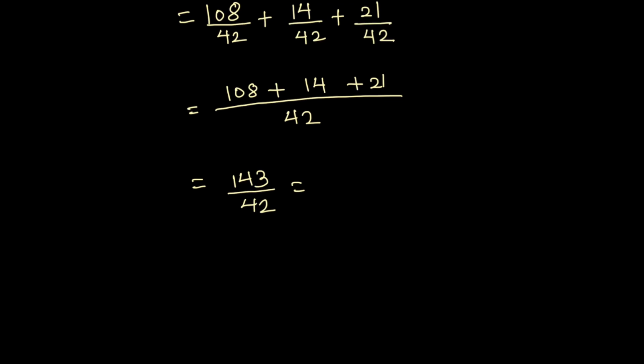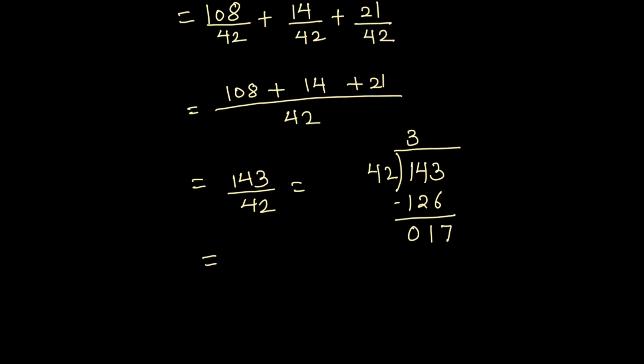Let's convert it into mixed fraction and write the answer in mixed fraction too. So dividing 143 by 42. This is 42 times 3 will be 126. 143 minus 126 is 17. And this is 0. So 17 will be our remainder.